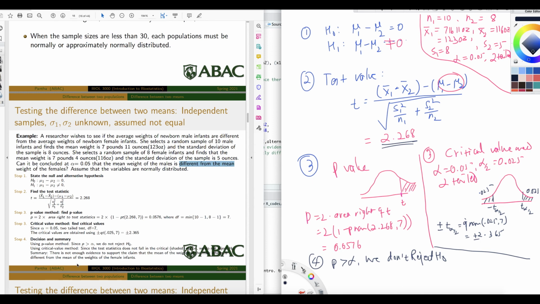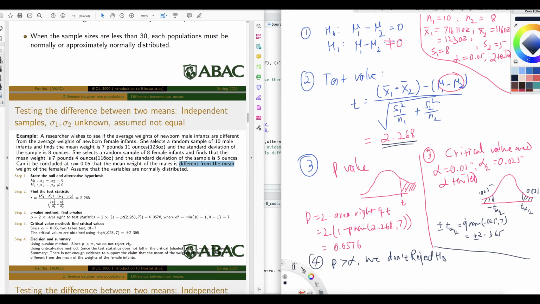So the summary is, there is not enough evidence to support the claim that the average birth weight of the male infant is different from the average birth weight of the female. So we reject that claim, meaning that we actually indirectly support the null hypothesis.